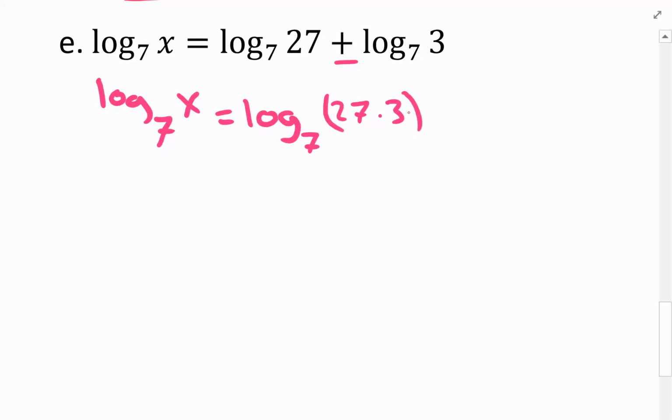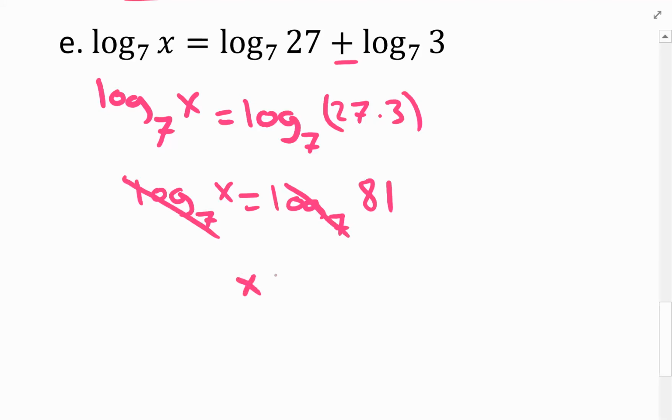Might as well go ahead and write 81 there. You don't really need to write it like this. I'll show it just to have a complete record of the steps. Log base 7 of x equals log base 7 of 81. All right, we just finished step 1, which is combine logs if necessary. Step 2, we have a log on both sides, so it cancels. So our answer is 81.